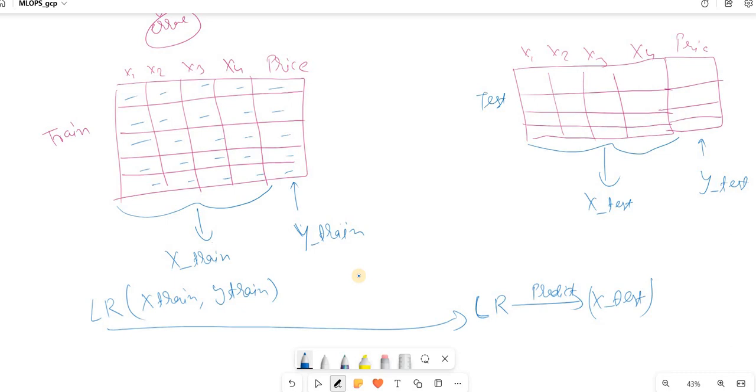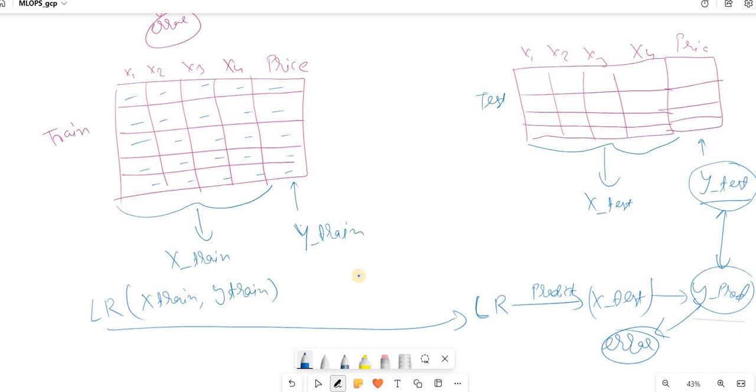I'm giving the name y pred. You already have the actual value of y test, and now your model has predicted y pred. If I take the difference between these two, the actual and the predicted, I will get the error.